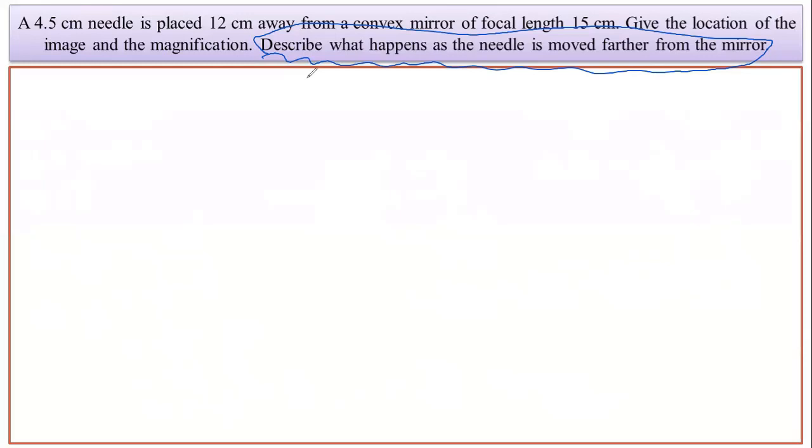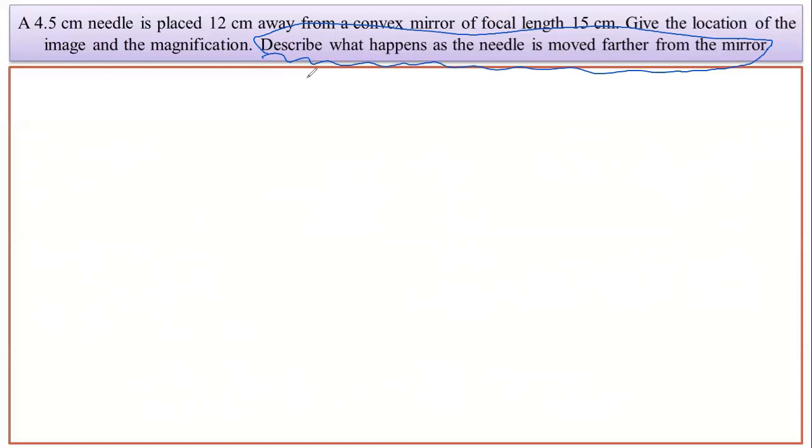But if the object is moved very far away from the mirror, in the case of a convex mirror, then we will observe that the image is going to form at the focus, very small in size.